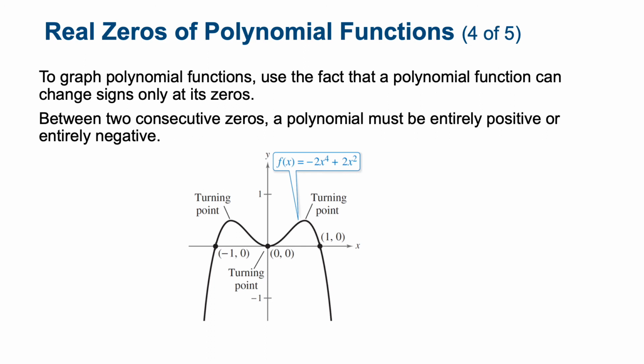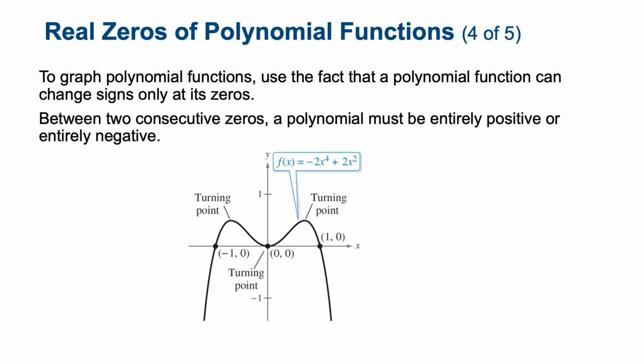Okay, so to graph, we need to use the fact that polynomial functions can only change signs at its zeros, if it does change signs, right? Unless you have, of course, a factor of even multiplicity. So let's say here, between two zeros, the function is either entirely positive or entirely negative, which makes sense, right? Because these two zeros are next to each other.